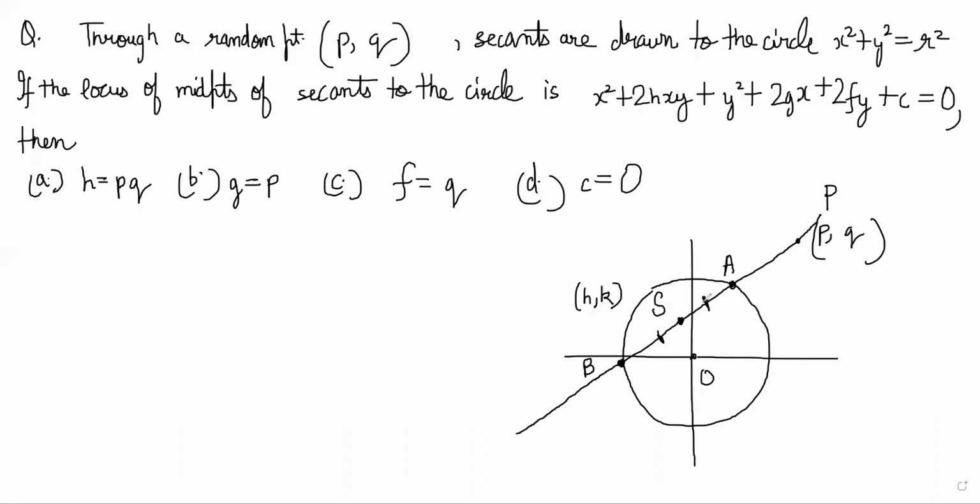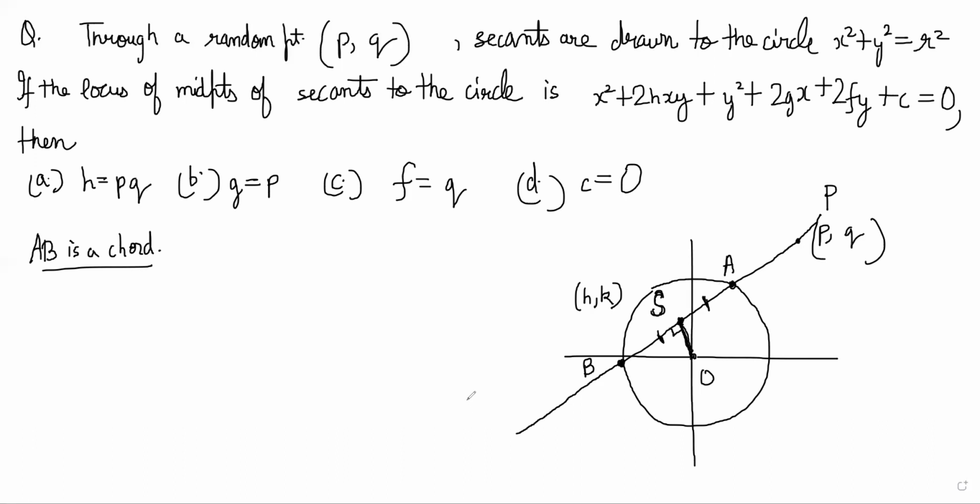What can you say here about this line? If this S is the midpoint, this AB is a chord, and S is the midpoint of that chord. So if you join O to S, that has to be perpendicular, right?